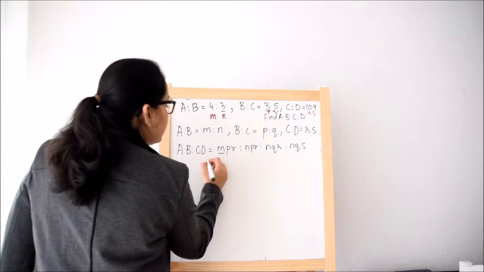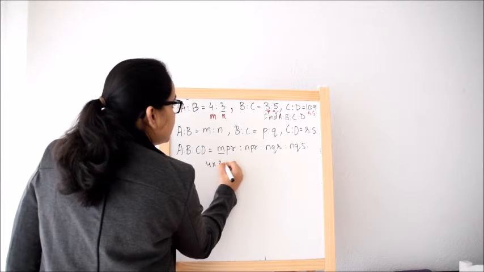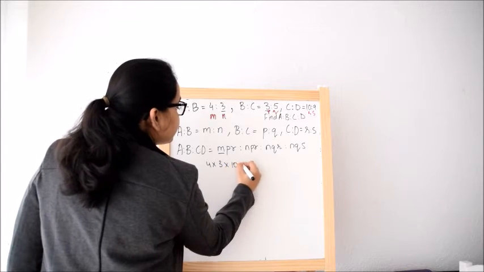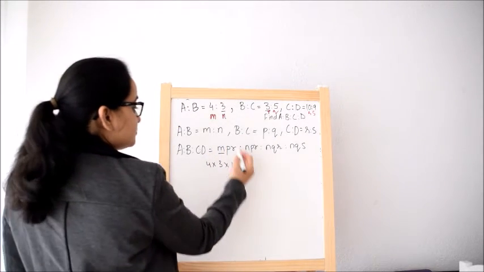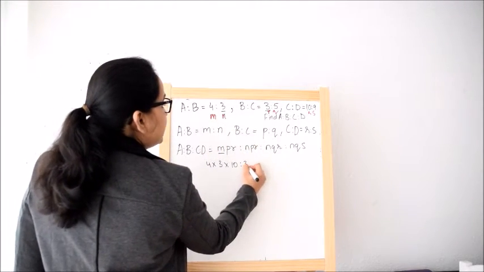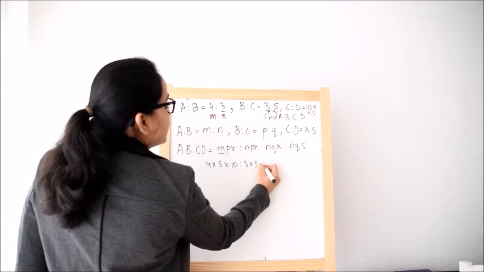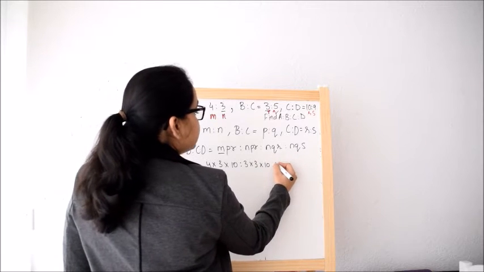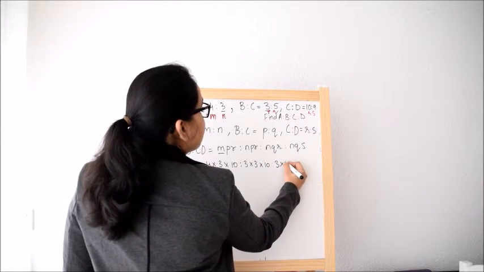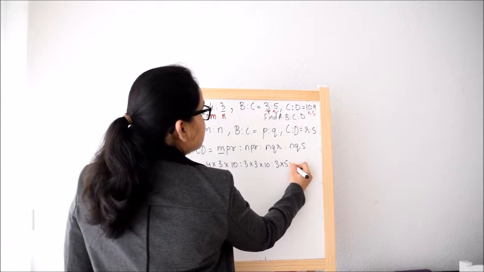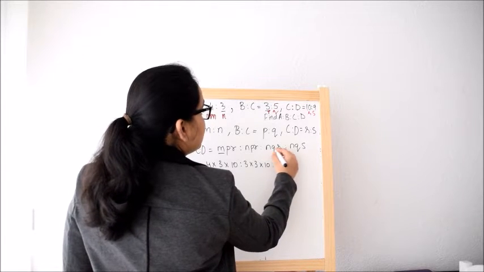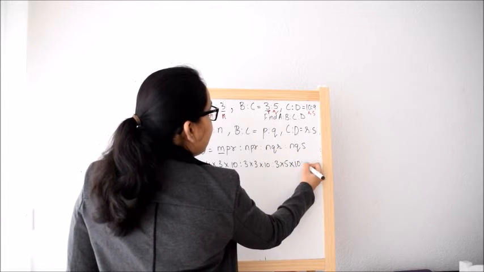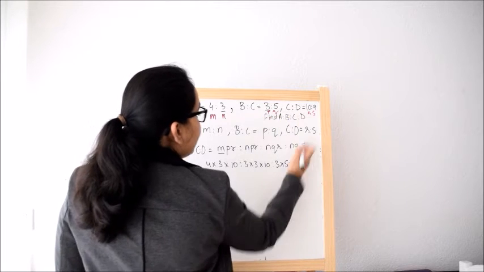M is 4, so 4 into 3 into 10 is to NPR, 3 into 3 into 10, NQR, 3 into 5 into R, R is 10, and the last is NQS.